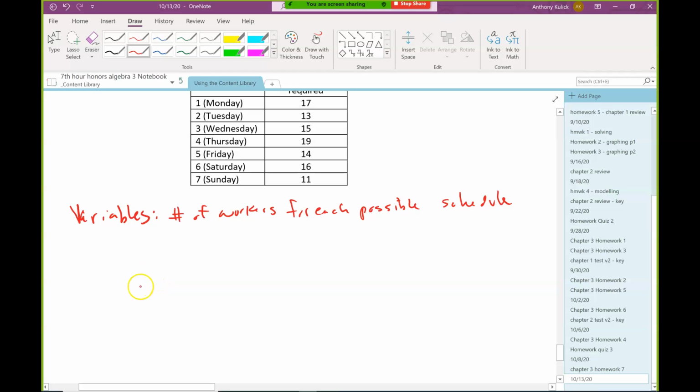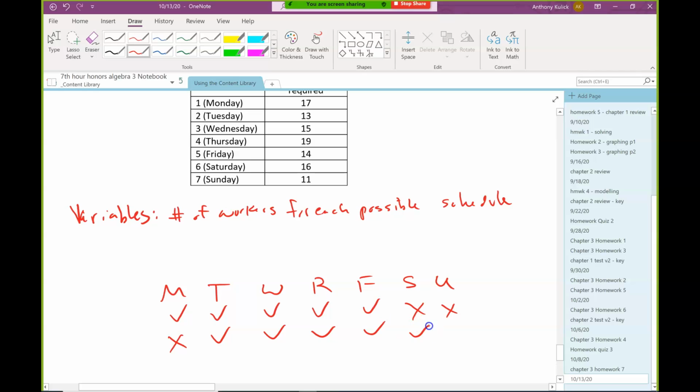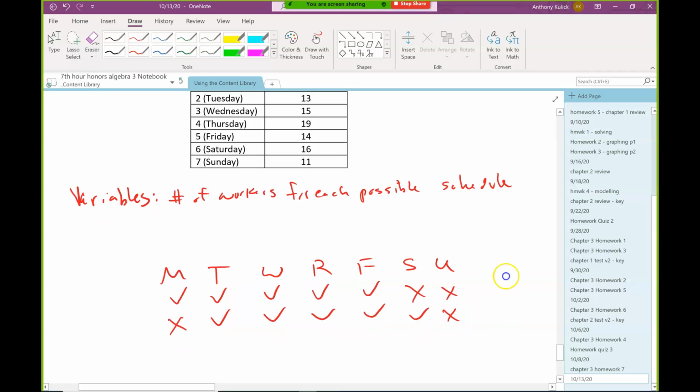So let's write down the different types of schedules then, right? Monday, Tuesday, Wednesday, Thursday, Friday, Saturday, and Sunday. So one possible schedule, we work Monday, Tuesday, Wednesday, Thursday, Friday, and we're off Saturday and Sunday, right? And then Maya said the next schedule would have been working Tuesday, Wednesday, Thursday, Friday, Saturday, and then we're off Sunday and Monday.